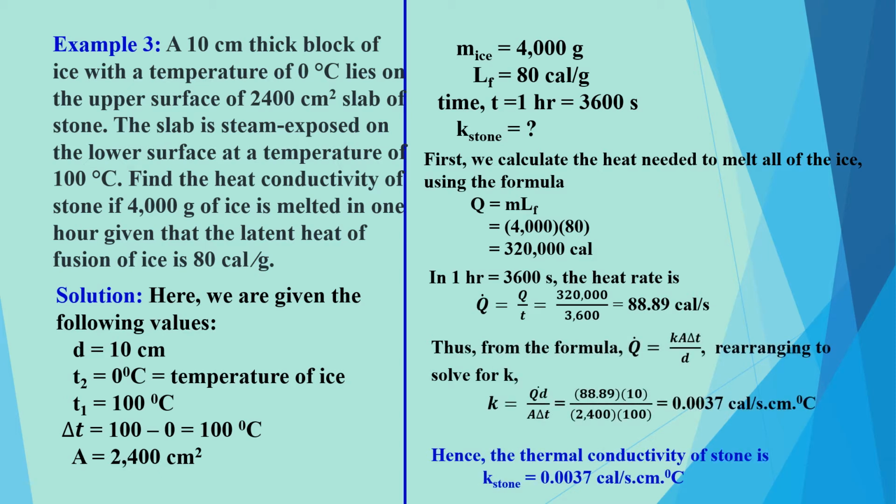Thus, from the formula Q dot equals K A delta T over D, rearranging to solve for K equals Q dot times D over A delta T, and substituting the values, the value of K is 0.0037 calorie per second per centimeter per degree Celsius. Hence, the thermal conductivity of stone is 0.0037 calorie per second per centimeter per degree Celsius.